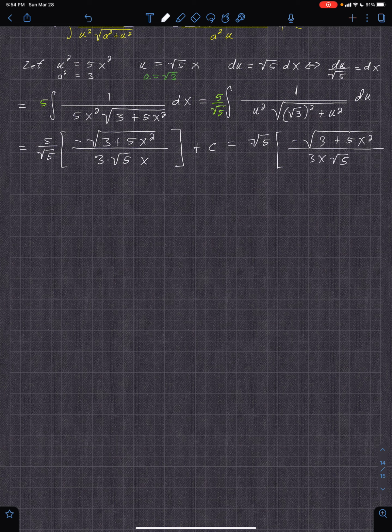And so now, what I did is I took, I'm going to erase this. So I just rationalized that. And so by doing that, you end up with 5 root 5 over 5, which is root 5.